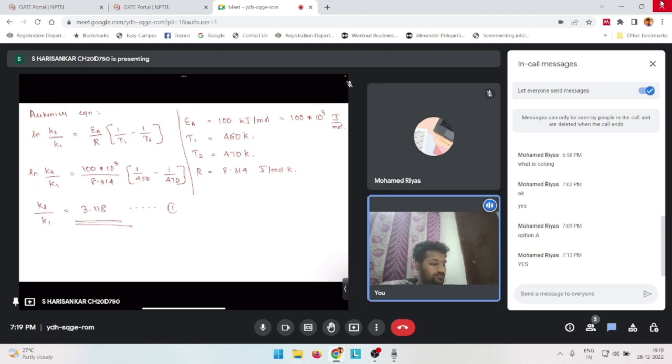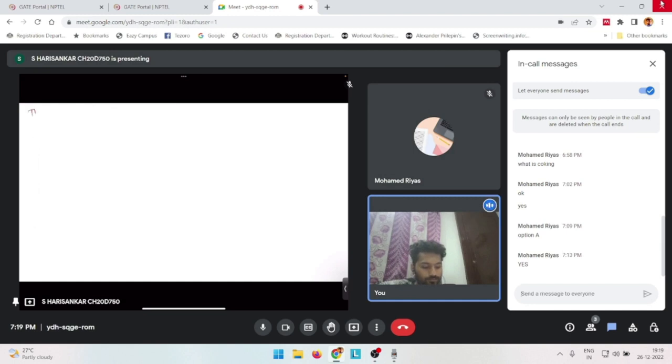Now for our next step, we need to use the concept of Thiele modulus. And Thiele modulus phi is given as L into root of K by dE, where dE is the diffusivity or mass diffusivity, K is your reaction rate constant, and L is the catalyst slab length.